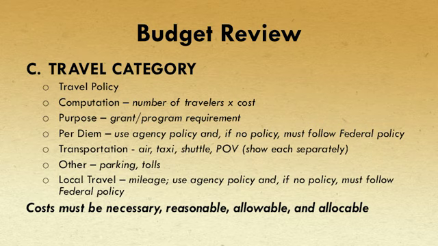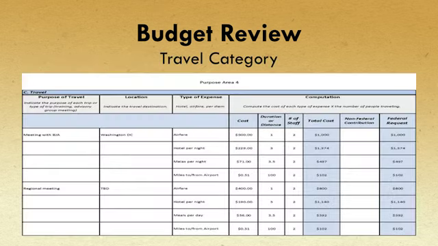Sometimes applicants forget to include local travel expenses or other costs associated with their travel. For example, additional expenses may be incurred from home to the airport or train station, or any related parking or tolls fees. This slide shows a travel listed as TBD or to be determined.